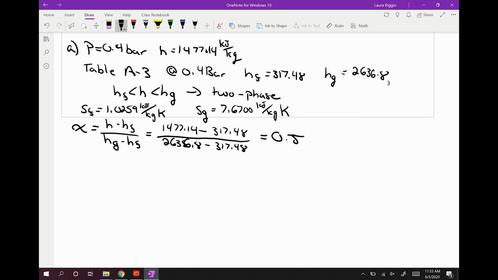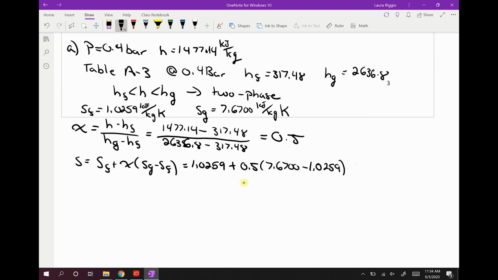So my quality actually winds up to be 0.5. So my entropy is equal to 4.348 kilojoules per kilogram Kelvin.